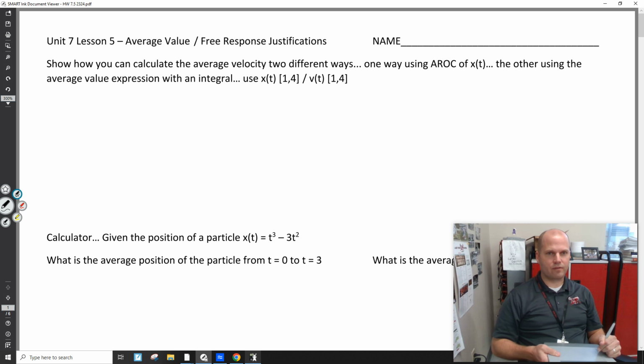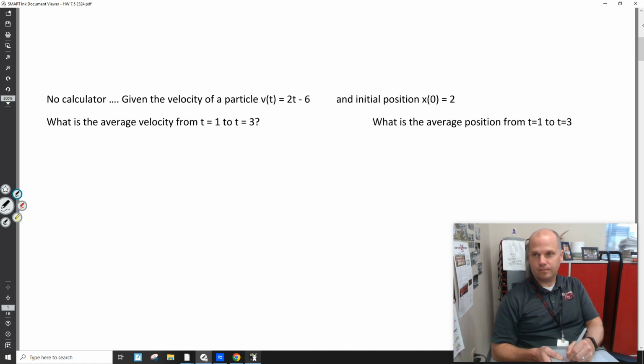How do we calculate the average velocity? There are 2 different ways. We started with an average rate of change of position, understanding that a rate of change of position is a velocity. An average rate of change of position would be an average velocity.